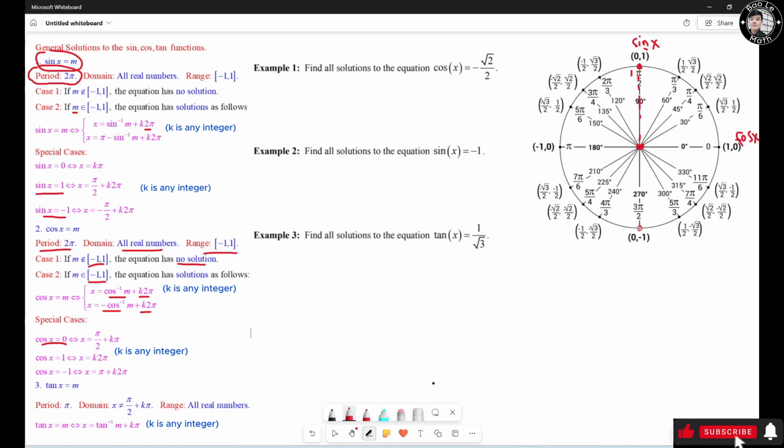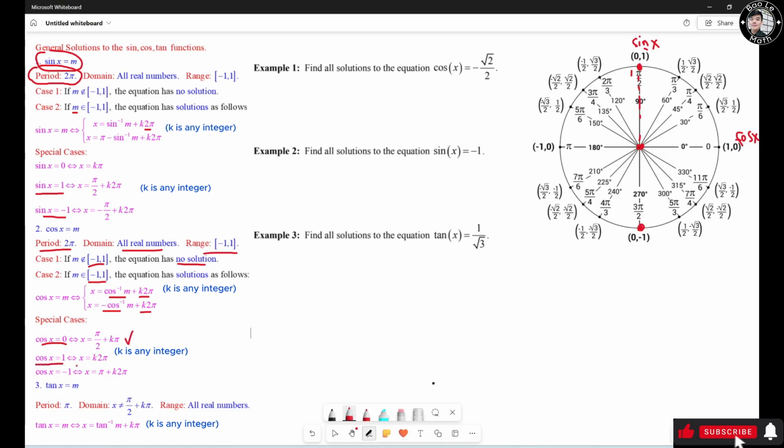And then 3 pi over 2 is pi over 2 plus pi. So every single time you keep adding pi, you get another one right here, and right here. So it's going to be pi over 2 plus k pi.